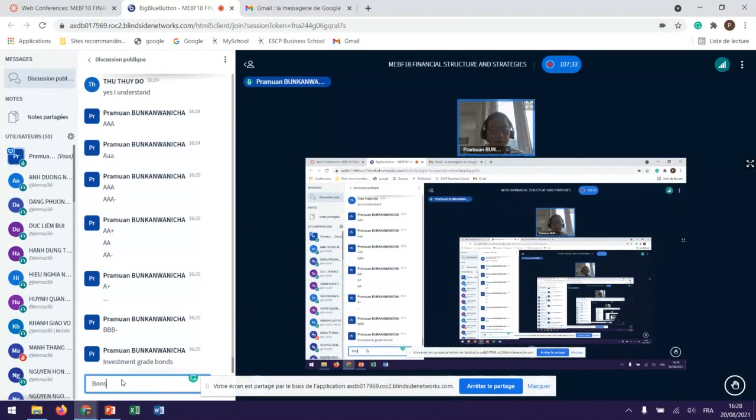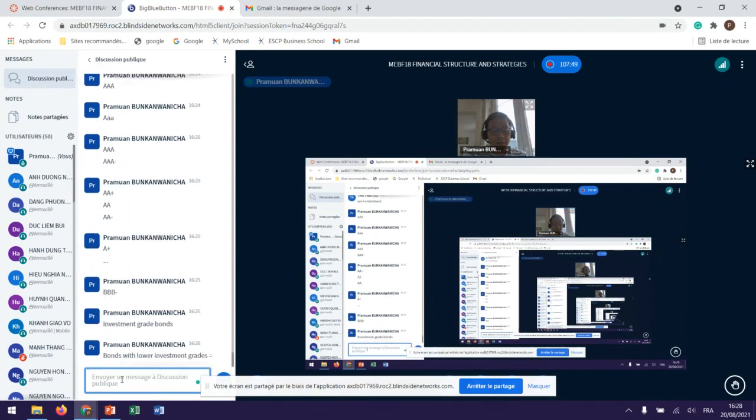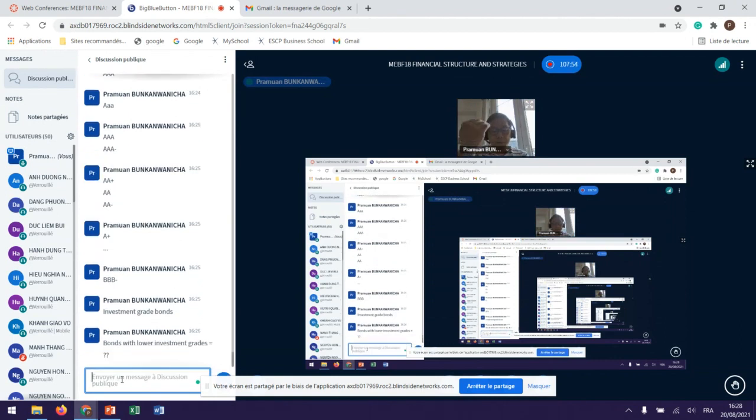A bond with lower than investment grade rating. How do we call that one? What is the name of the bond that has a rating lower than triple B minus?